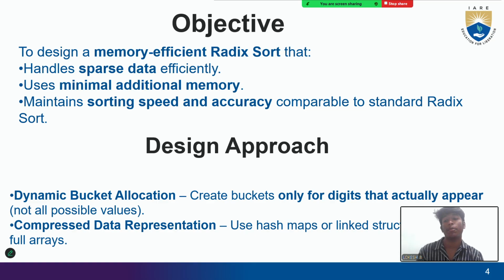In compressed data representation, it uses hash maps. The hash map concept is a very normal thing: we have to specify the data types, an integer, a less than symbol, hash map, and a greater than symbol.